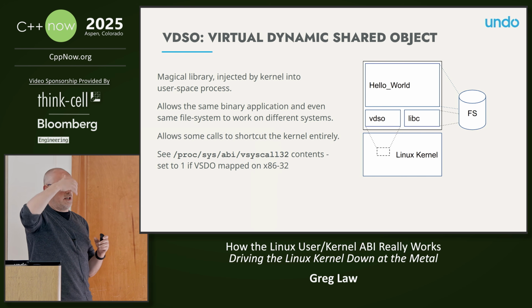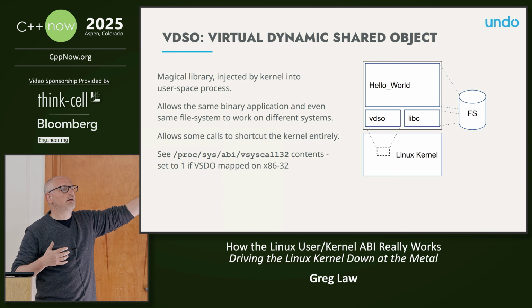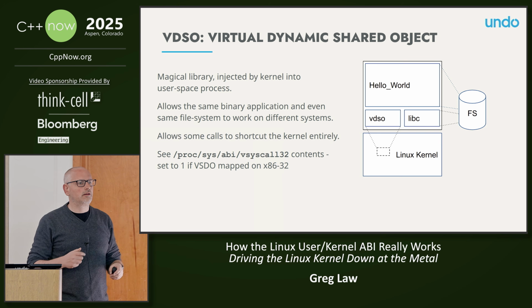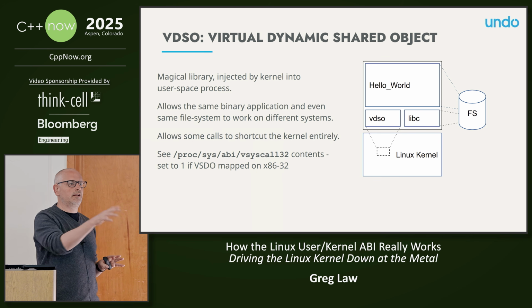So there's no reason you couldn't. So the code in the VDSO runs in user mode. Right, but it's just provided by the kernel. It also has some data, right? Yes, I'll come to that in just a minute.